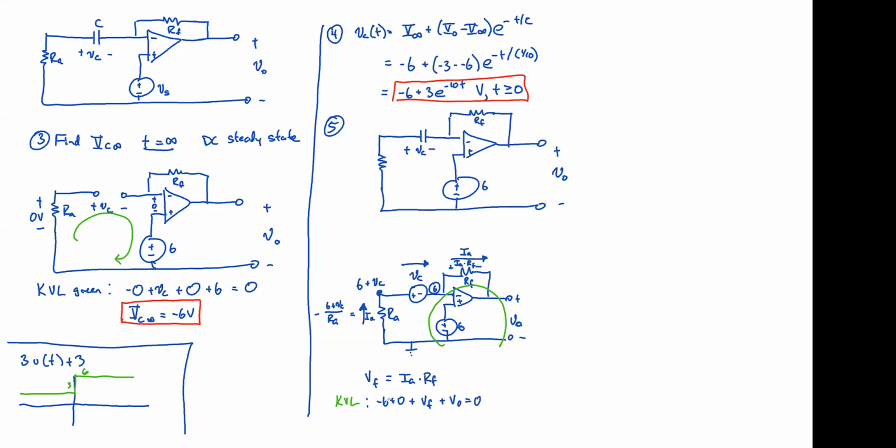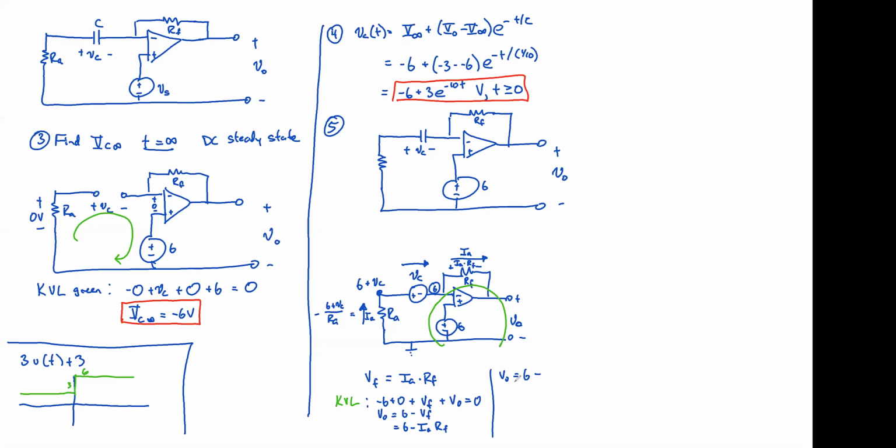And now I found my V sub naught. I just need to start back solving. V sub naught is equal to 6 minus V sub F. That's equal to 6 minus I sub A R sub F.